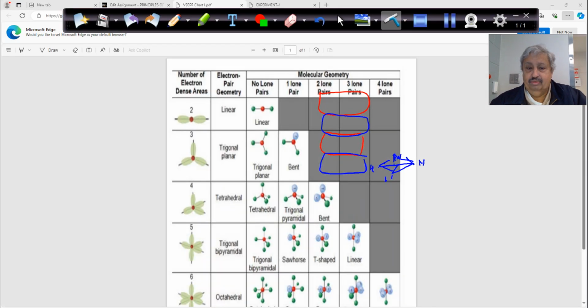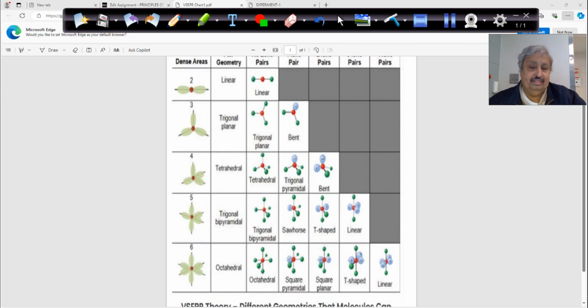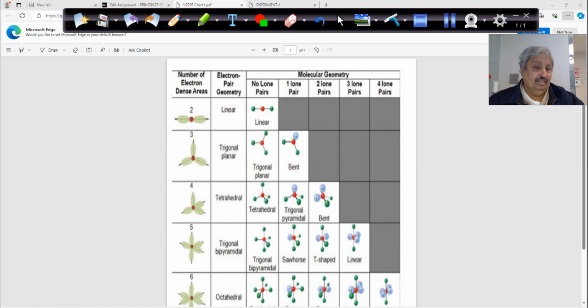This one here is, I think, by far better than the one inside your procedure. Your lab procedure, I think I took from the web. This is much better. It gives you the electron pair geometry and the molecular geometry. That's in iCollege, guys, so you have to print this one.